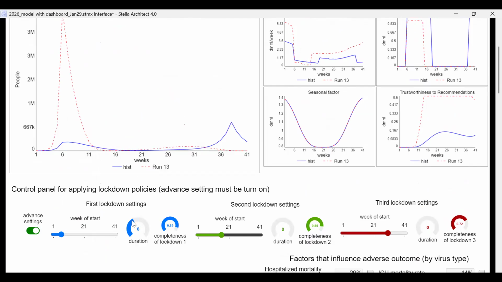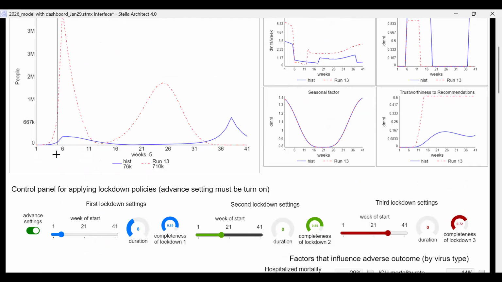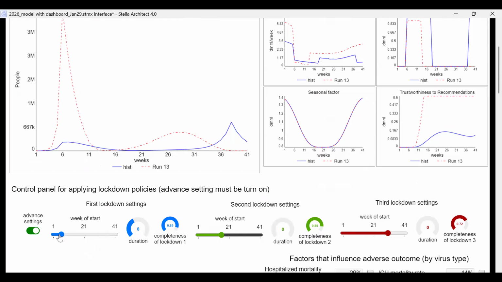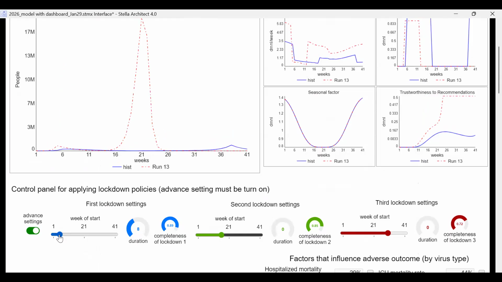Probably it's too much. We can start it slightly earlier, because actually it started growing at probably 3rd week. We start from the 6th. Right, so this looks fine.